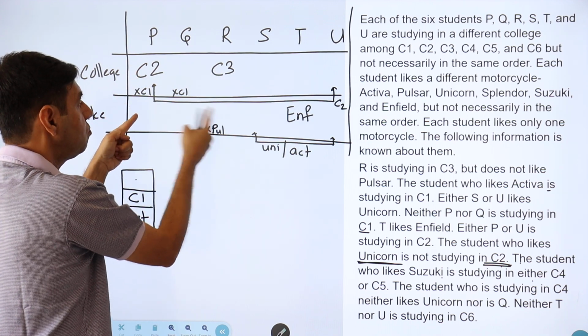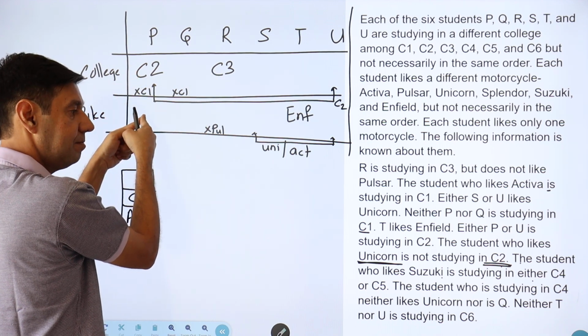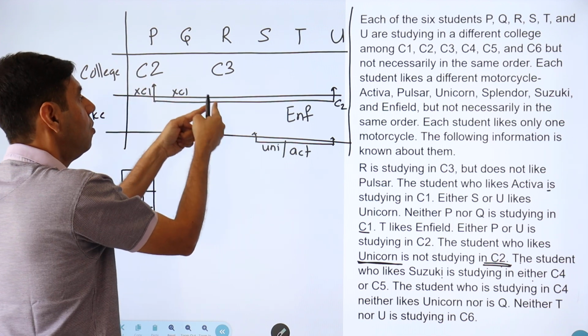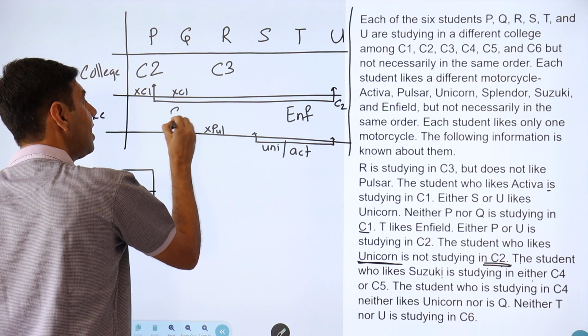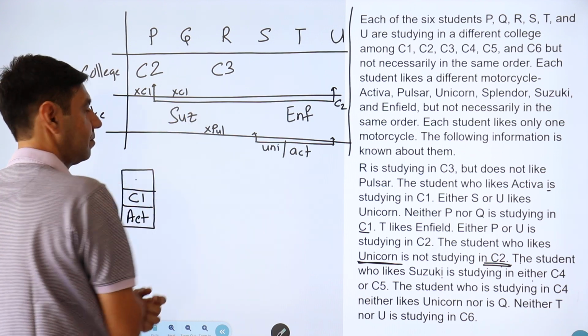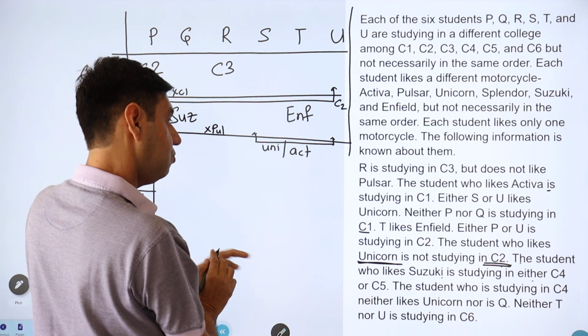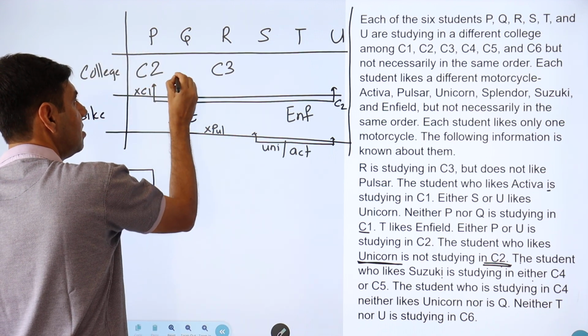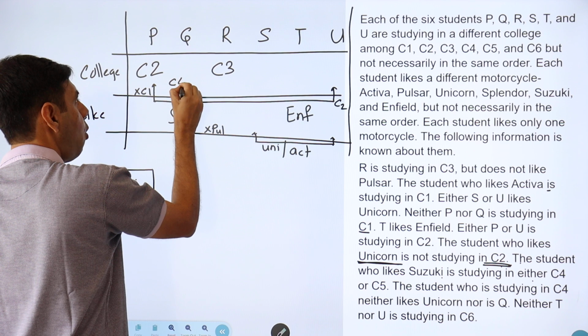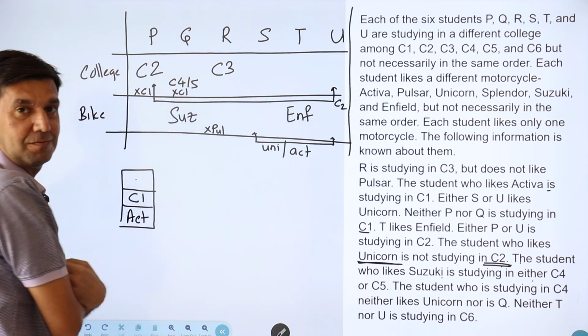Suzuki can't be here because this is C2. Suzuki can't be here because this is C3. So Suzuki can only be here. And if this is Suzuki, the student will be C4 or C5, one of them.